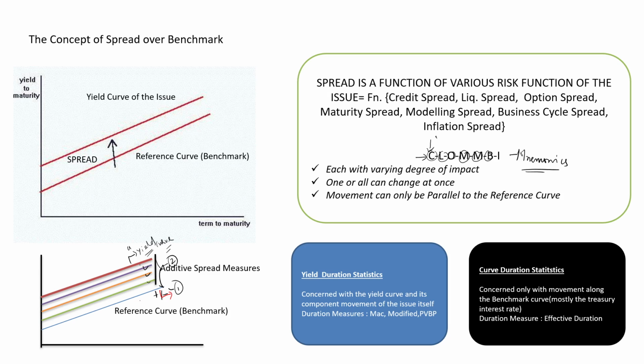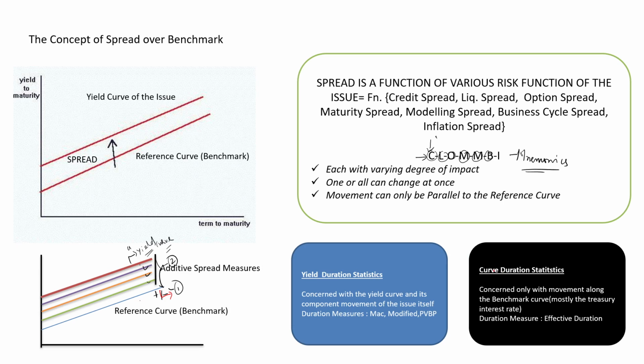A couple of things that are important: these duration measures are of a couple of types. One is, as I said, what happens to the reference benchmark curve. Whatever happens to the reference benchmark curve has a cascading effect on the final yield curve.